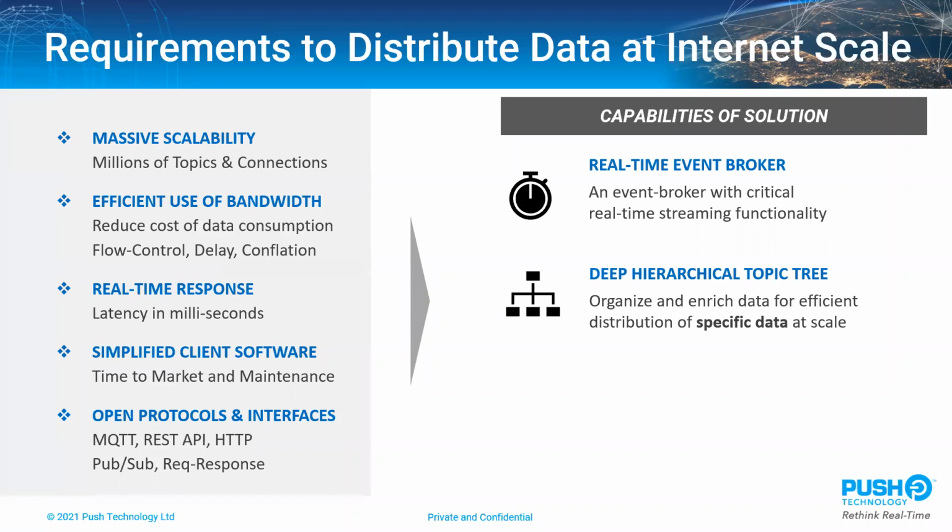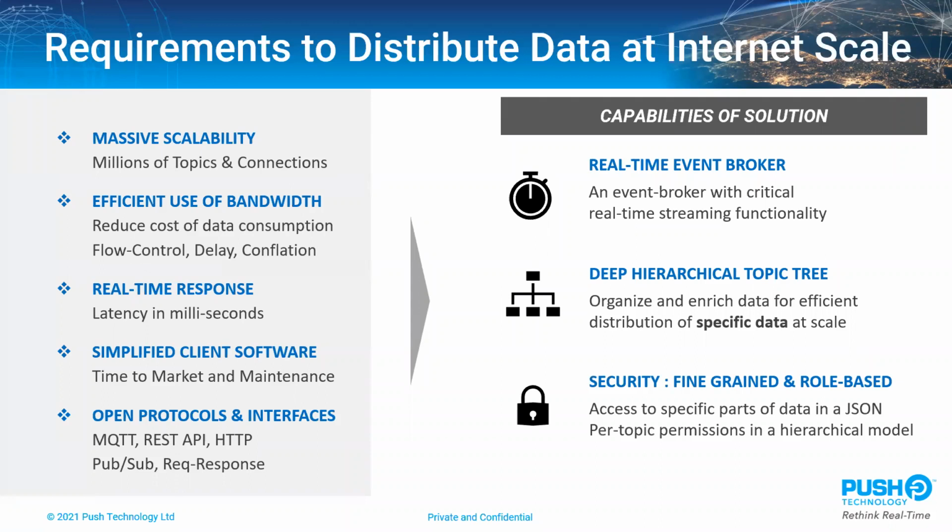And by the way, if somebody asks for a topic that doesn't exist, we have a process to understand when that happens, and we can instantiate services to take corrective action when somebody's asking for data that doesn't exist inside of these topic trees. It's totally dynamic. And then fine-grained and role-based security against any of the data that's flowing through Diffusion.